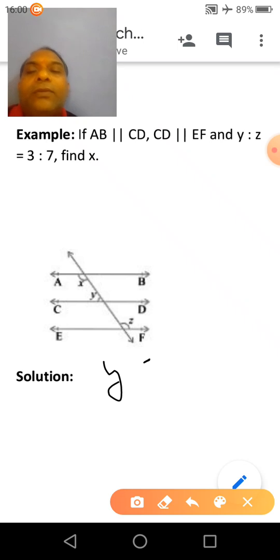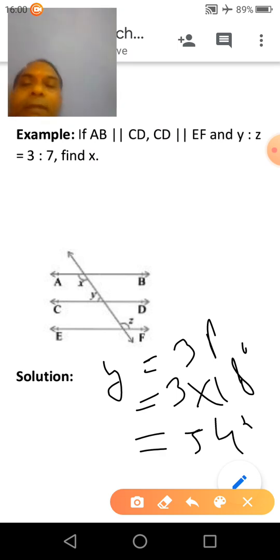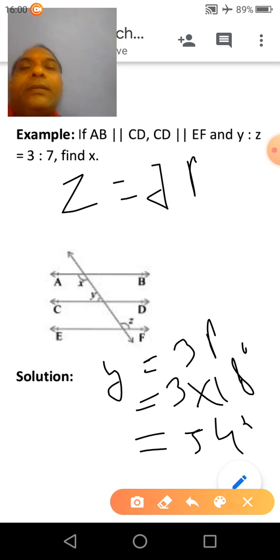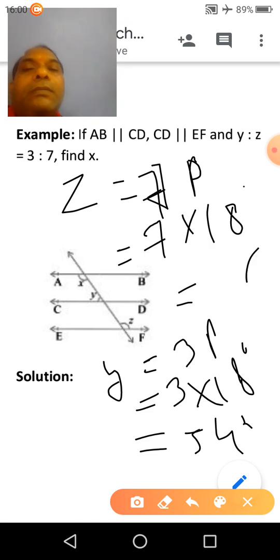Y will be equal to 3P, where P is equal to 18. So 3 into 18 is equal to 54 degrees, and Z is equal to 7P, which is equal to 7 into 18, 126 degrees.